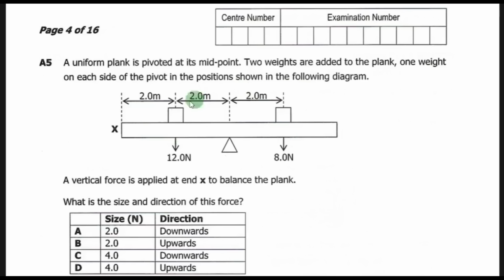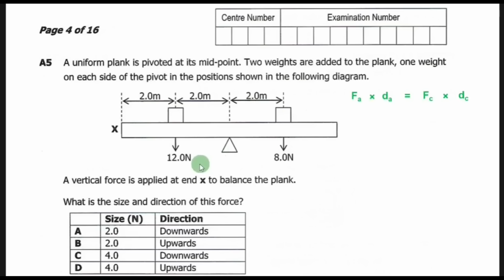In form of an equation, the principle of moments says anticlockwise force times the distance of the anticlockwise force from the pivot is equal to the clockwise force times the distance of the clockwise force from the pivot. This A stands for anti, this C stands for clock.